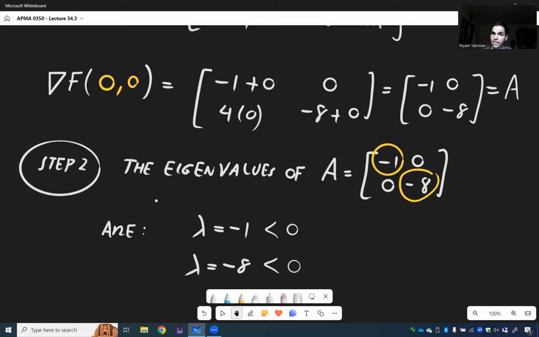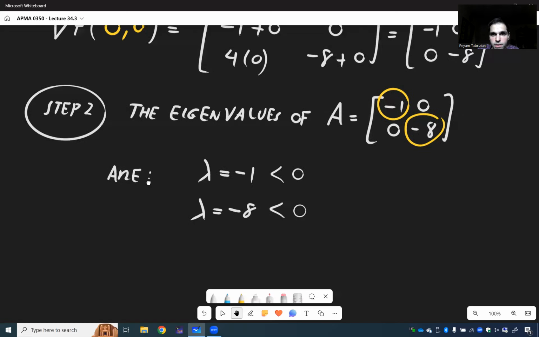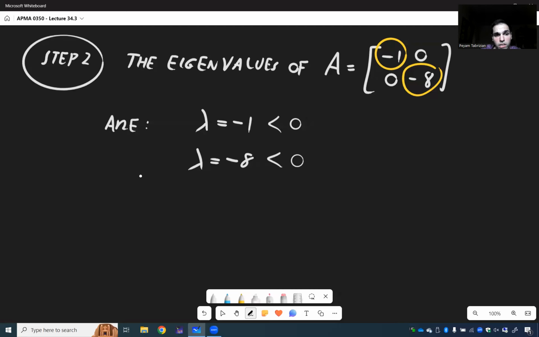Again, just to recap what we have so far, we took the derivative of f, we plugged in our equilibrium points, that gives us a matrix, and you just look at the signs of the eigenvalues of that matrix. And here's the fact. What do our eigenvalues tell us?